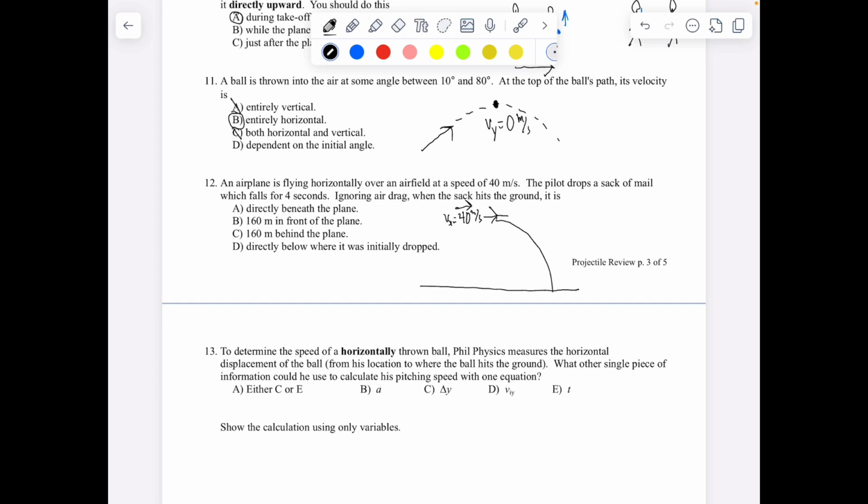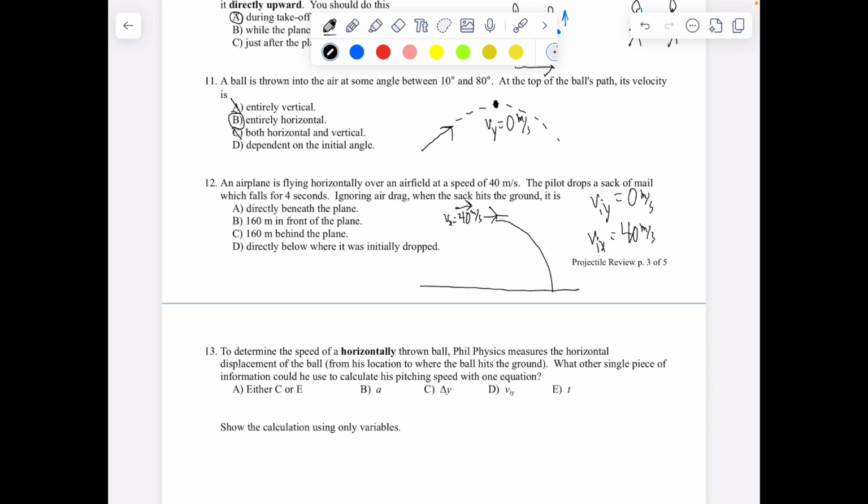This is essentially just a fancy way to say this is a horizontal launch problem. When you drop the sack of mail, just like the skydiver jumping out of the plane, initially the initial velocity in our y direction is 0, but your initial velocity in the x direction is 40. So just like a horizontal launch problem, a tennis ball rolling off a table, just like the car crash lab or the falling ball lab, horizontal launch.